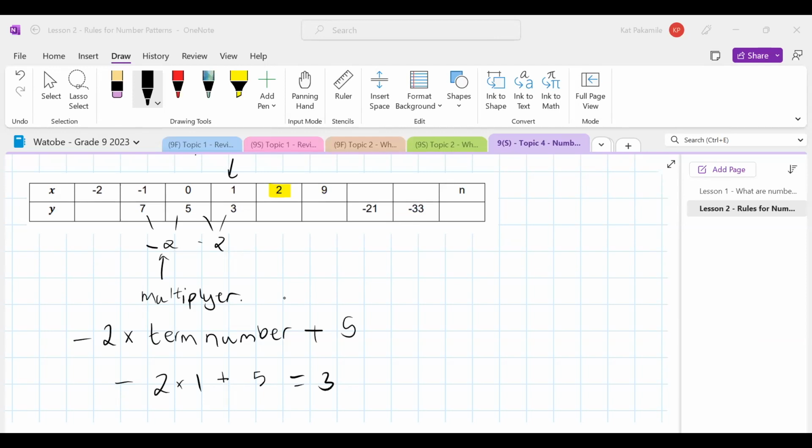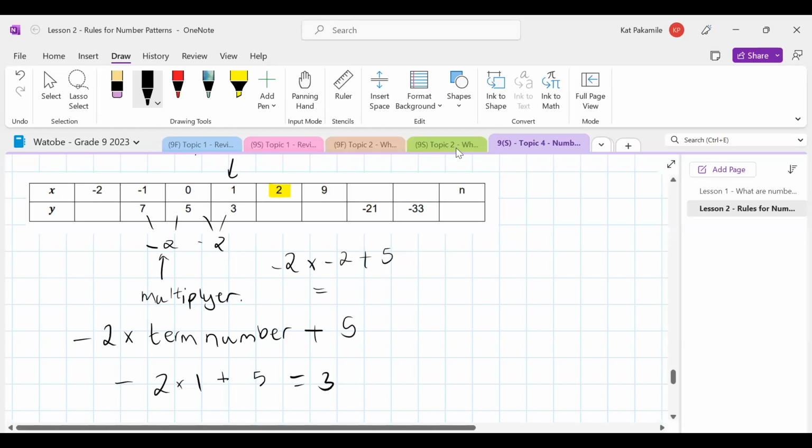What output do we want? -2 times -2 is how much? -2 times -2. There you go, +4. And then if you add 5, the final answer will be what? 9. So there, where your input is -2, the output will be 9.